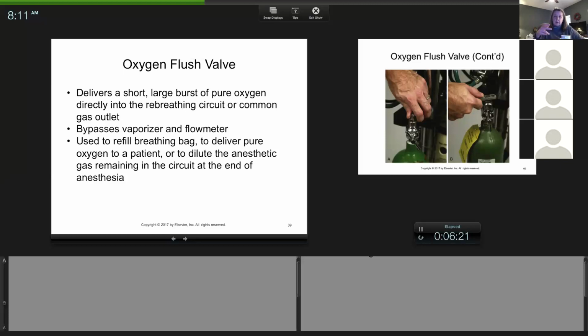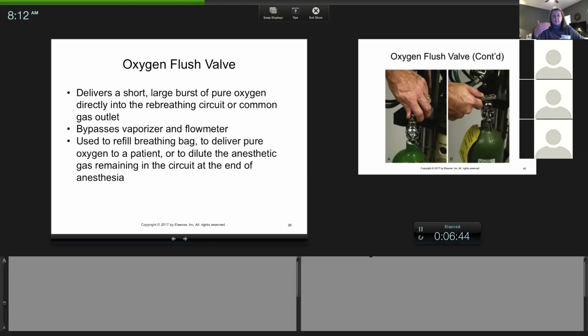And a flush valve will give a burst of pure oxygen into the breathing circuit. But the big important thing about the flush valve, it bypasses the vaporizer. So the tubing, when you hit that button, it does not go through the vaporizer. It goes around the vaporizer, and it goes directly into the breathing circuit.